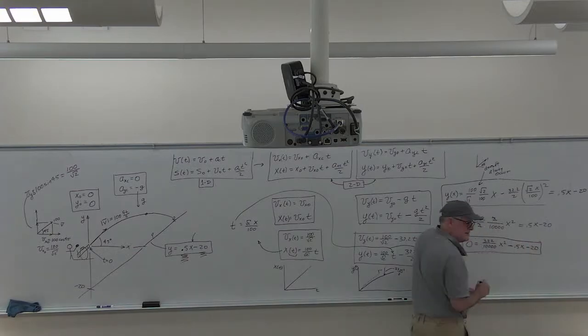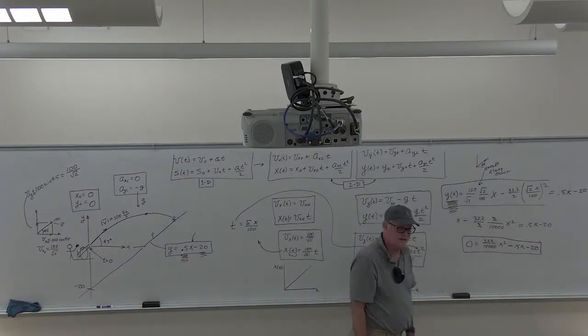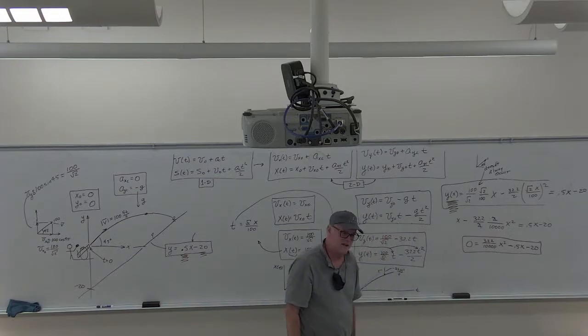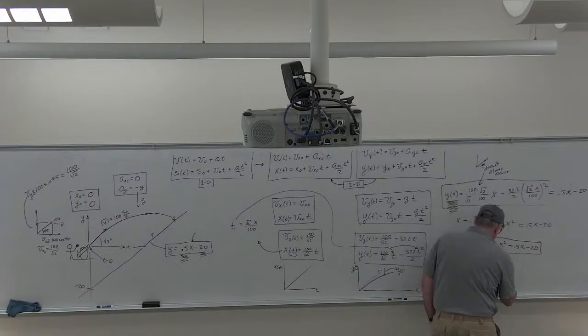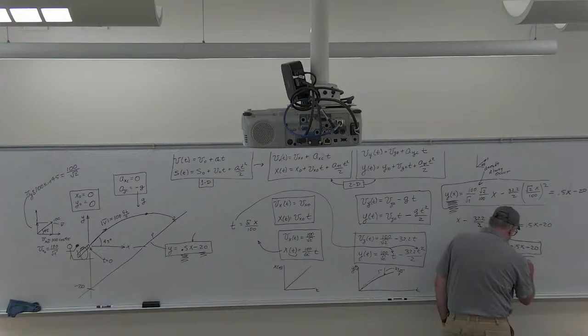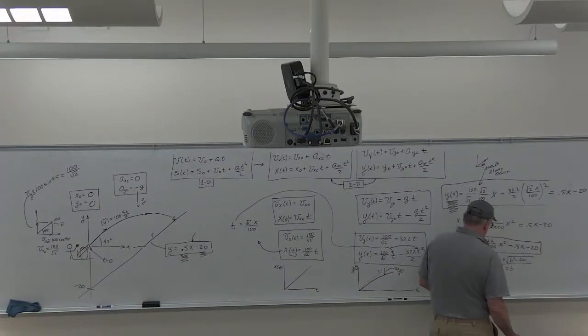Y'all have a root finder in there? You calculate. Or I could do x1 or 2 is equal to minus b plus or minus the square root of b squared minus 4ac, over 2a.